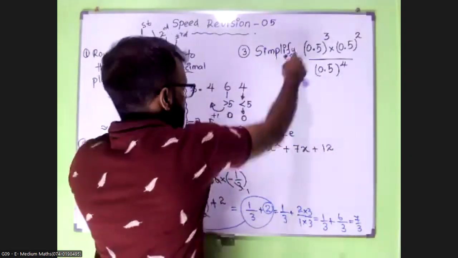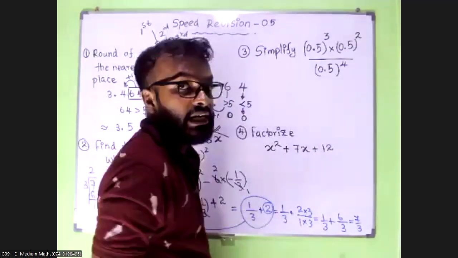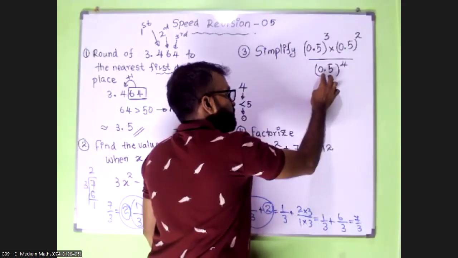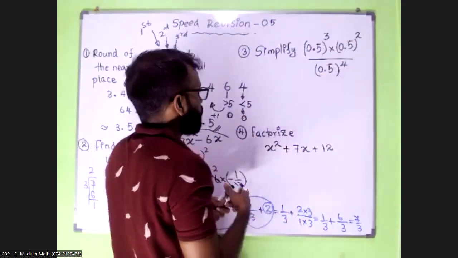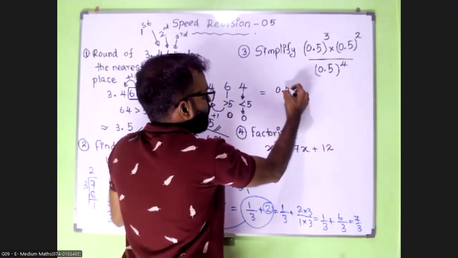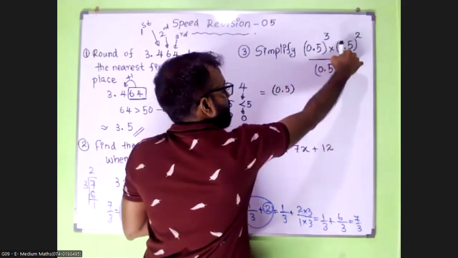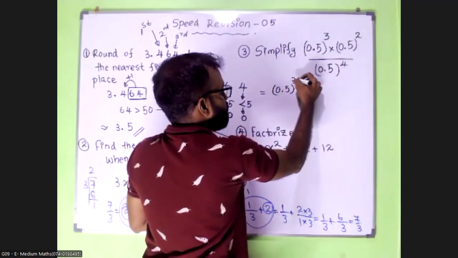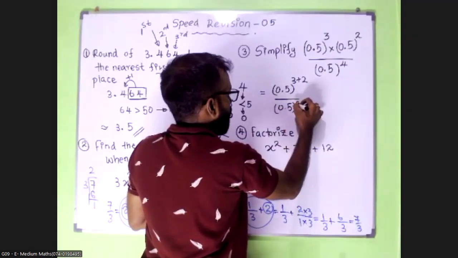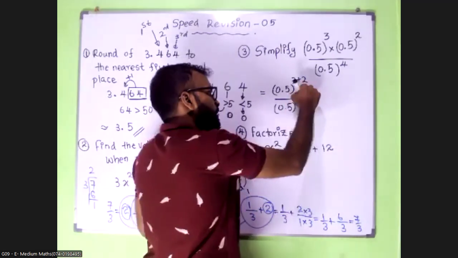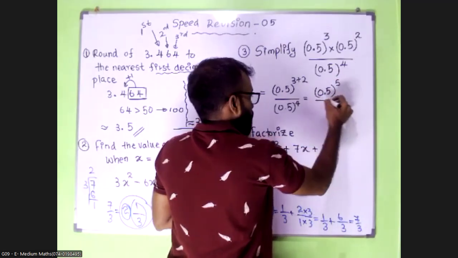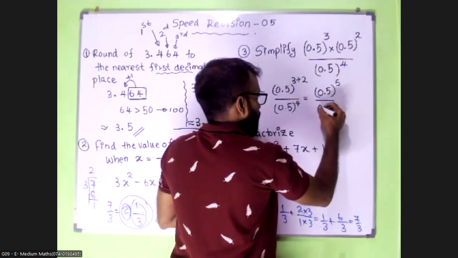Simplify. Very basically, this is indices. Same base 0.5, 0.5. Same base 0.5. So how do you simplify it? If you are going to multiply the same base, you can add the powers, 3 plus 2. And below you have 0.5 to the power 4. So 3 plus 2 gives 0.5 to the power 5 divided by 0.5 to the power 4.